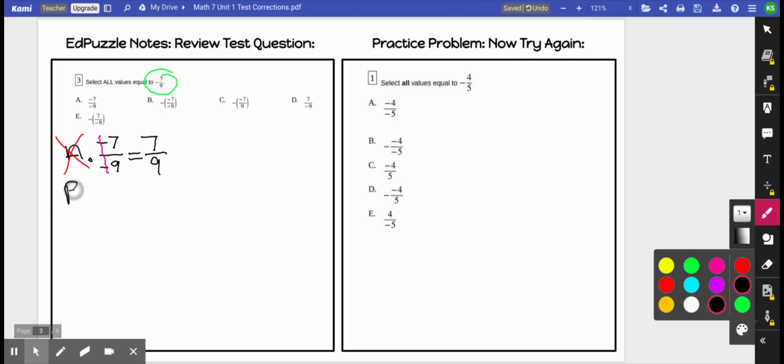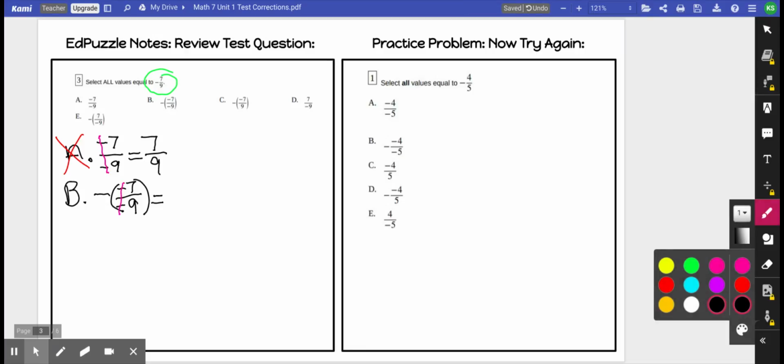Let's look at B. B is the opposite of -7/-9. We already did the problem that is in the parentheses. We already know that -7/-9 is a +7/9, so those cancel out.